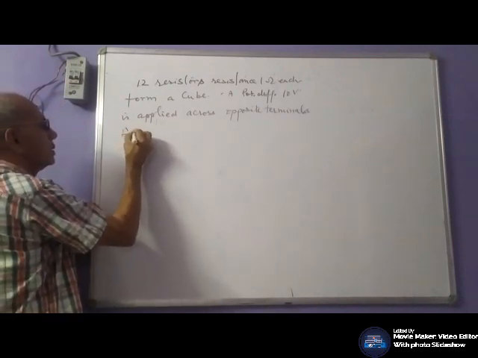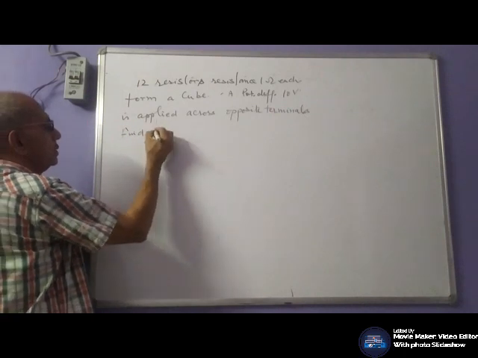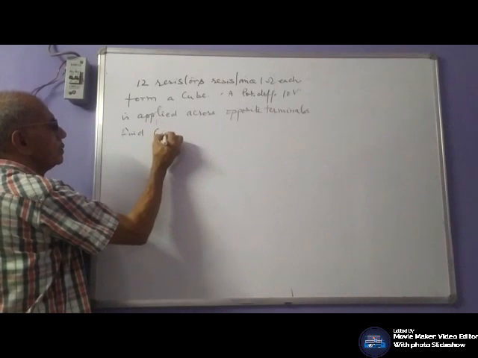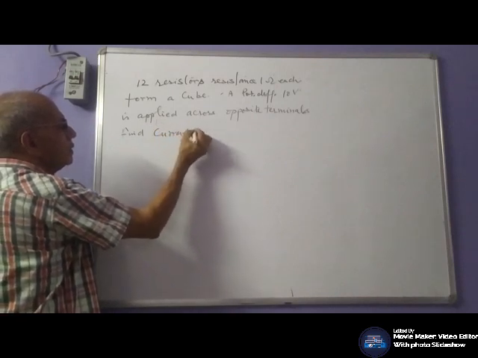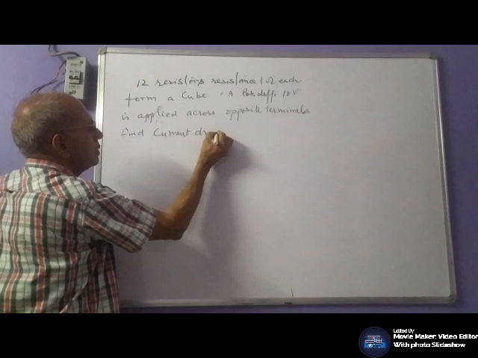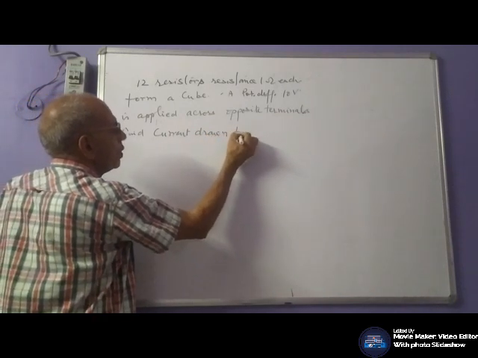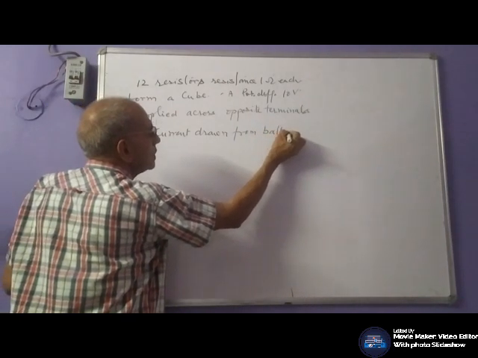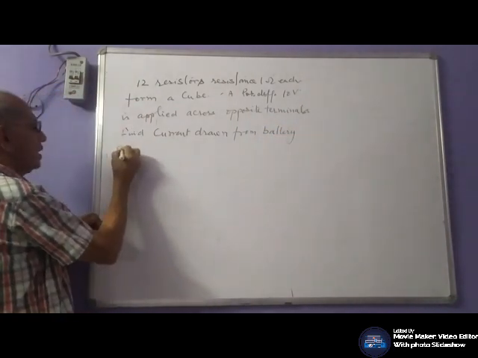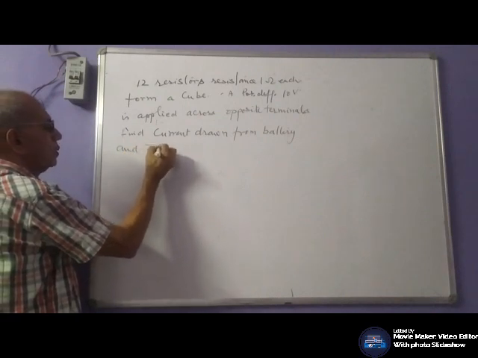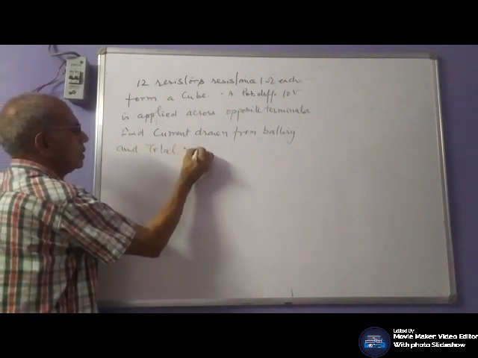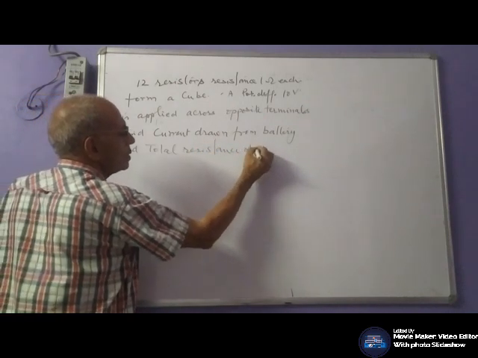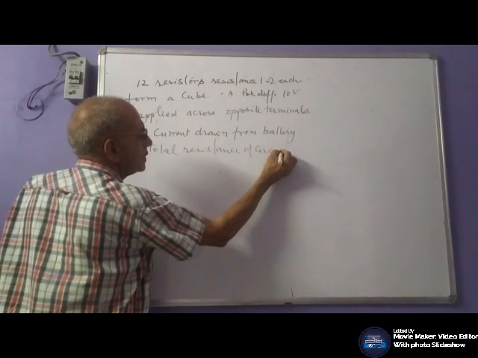Find current drawn from battery and total resistance circuit.